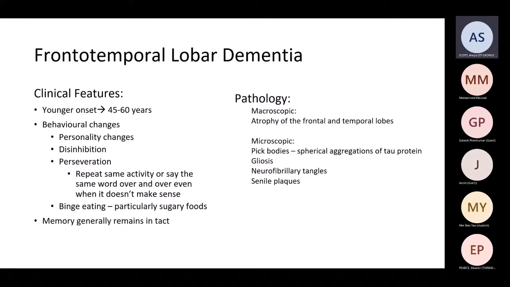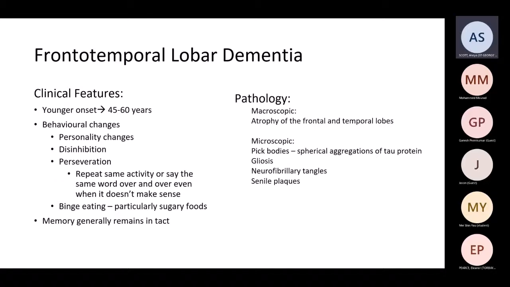They can also have this perseveration where they repeat the same activity or say the same word over and over when it doesn't make sense. Generally, their memory remains a bit more intact than with the other dementias. And in terms of the pathology, in the big picture, macroscopically, you've got atrophy of the frontal and temporal lobes.